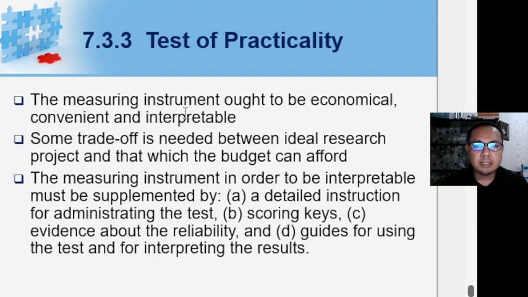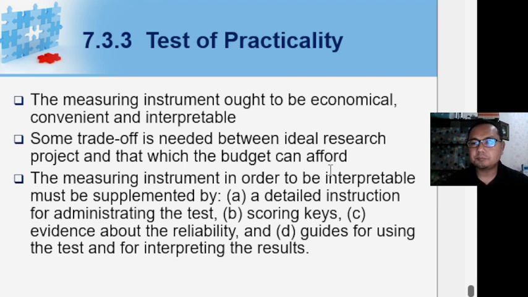So the measuring instrument ought to be economical, convenient, and interpretable. Okay, for the measuring instrument, we have to consider it in terms of economy, convenience, and interpretability.